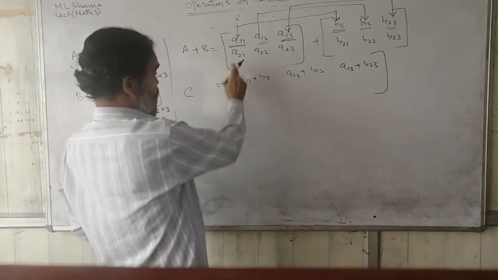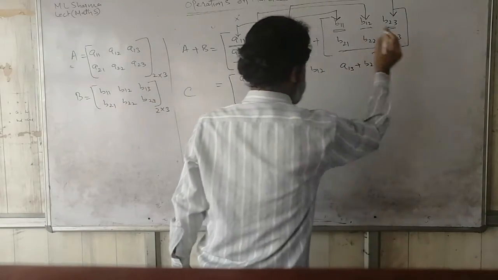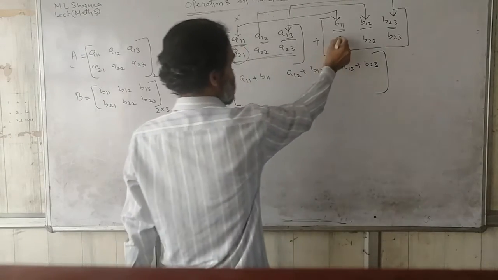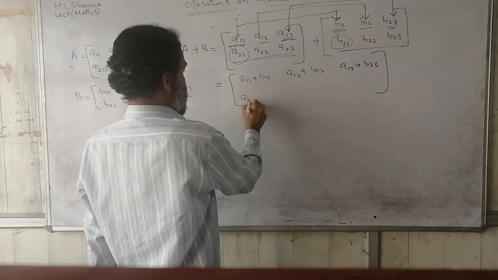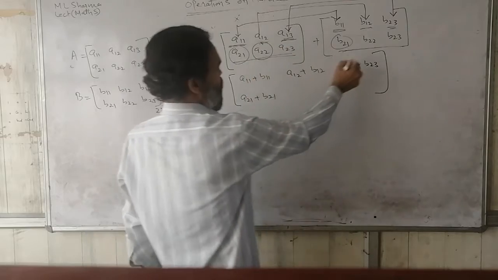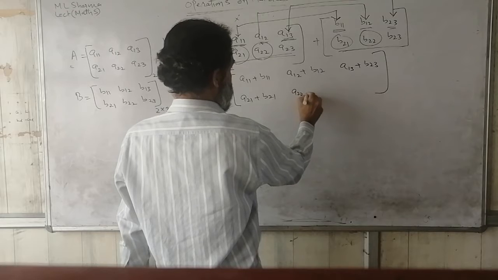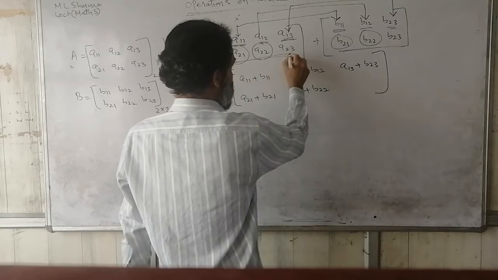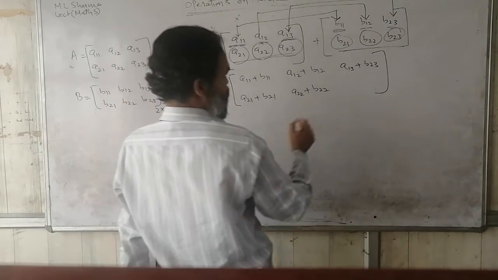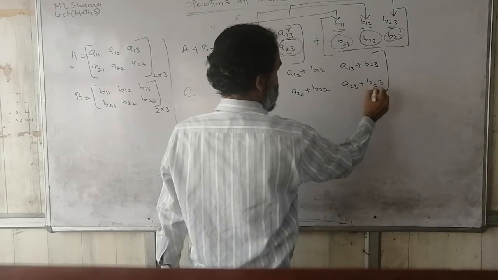Now, so far as the second row is concerned, its corresponding element is this. So I can write A21 plus B21. Then the corresponding element of A22 is B22, so it can be written as A22 plus B22, and the last element has the corresponding element B23, so I can write A23 plus B23.